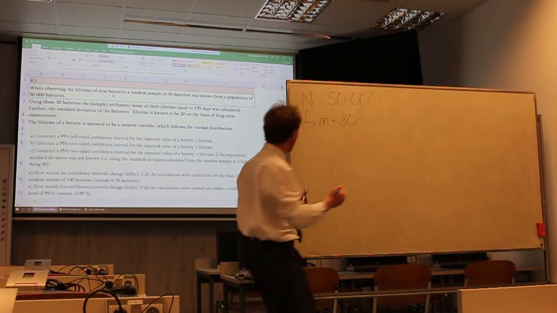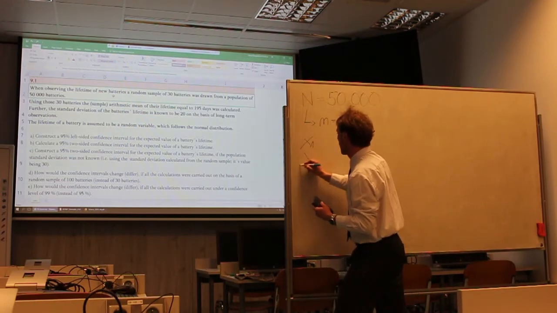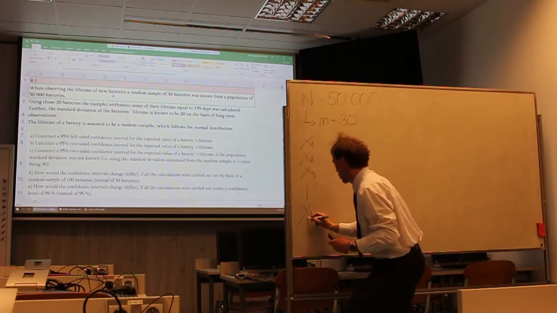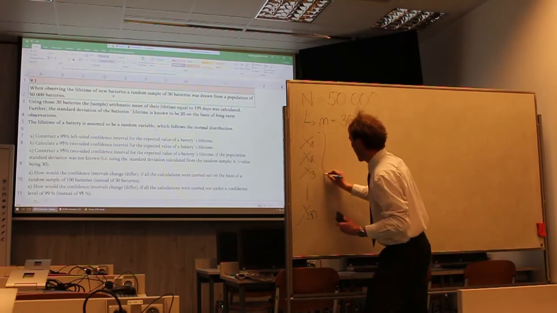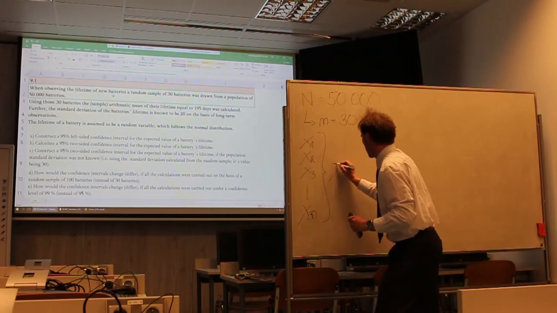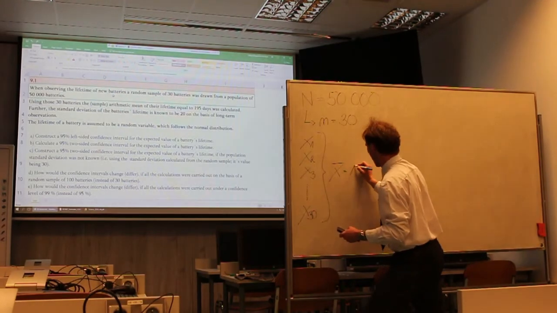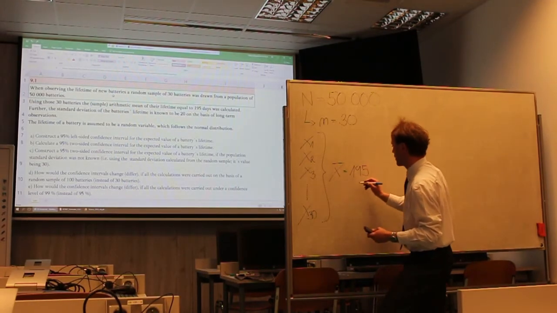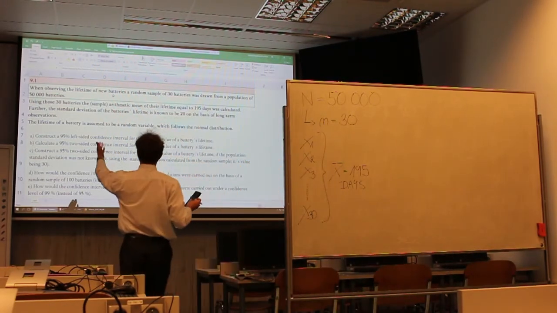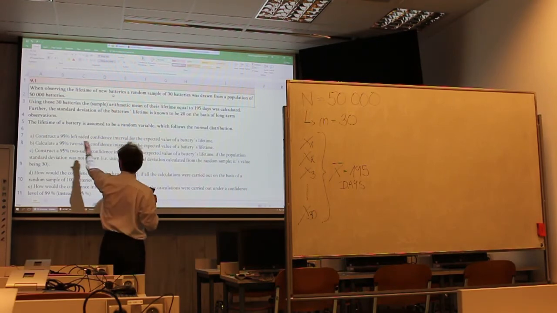Using those 30 batteries, this small sample, we calculated the arithmetic mean. So we had observations x1, x2, x3 until x30, and we calculated the classical mean, x with stripe, the mean calculated from the sample, equal to 195 days.